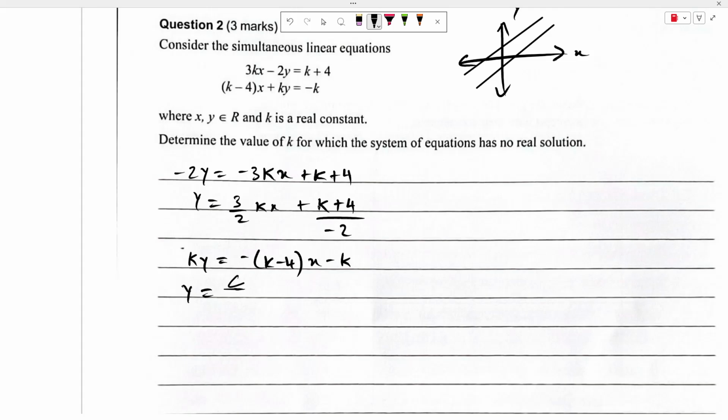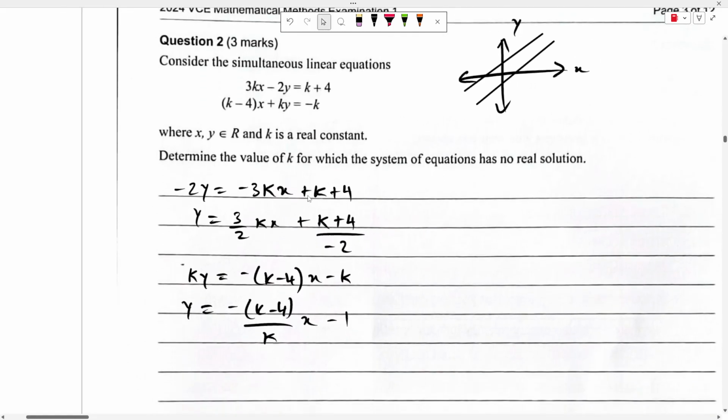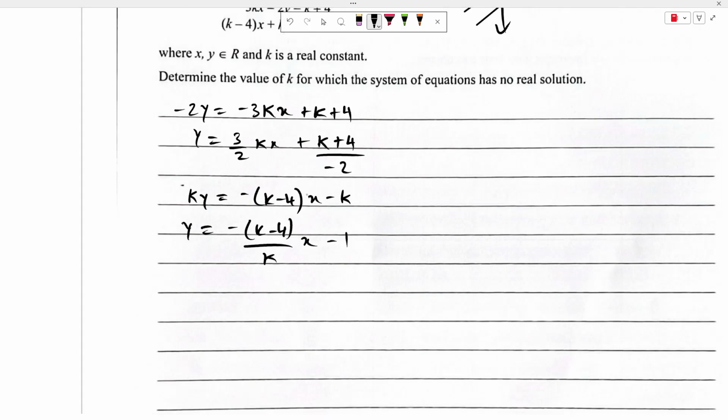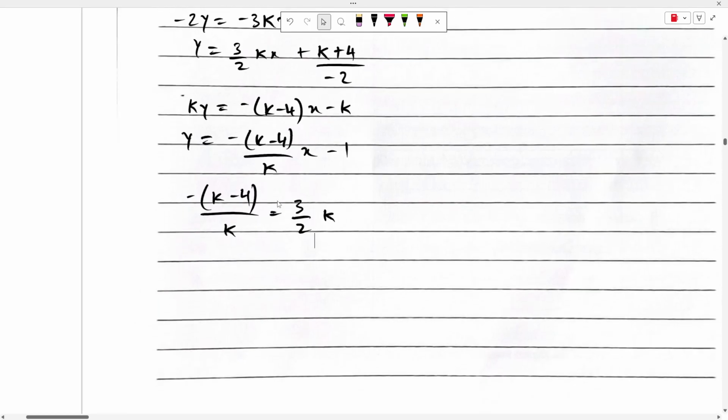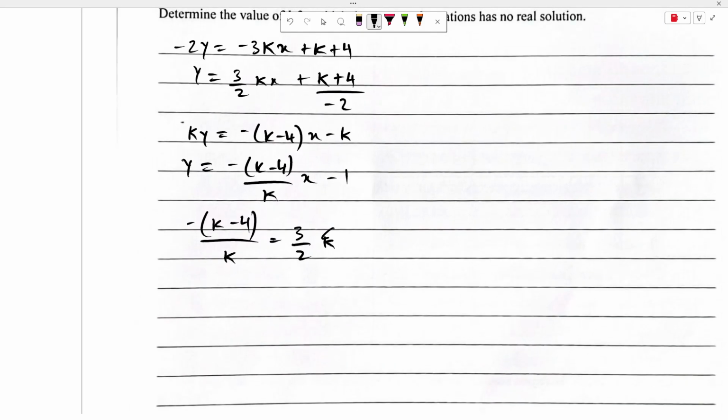And so y is going to be minus k minus 4 over k x minus 1. Now remember, we need their gradients to be the same. So we need minus k minus 4 over k, the gradient of this line right here, to be the same as 3 over 2k, which is the gradient of the other line. Now 3 over 2k, you can just write that as 3k over 2.